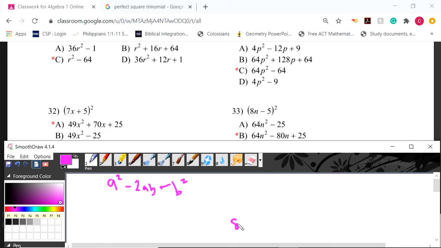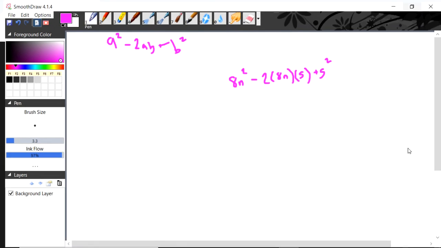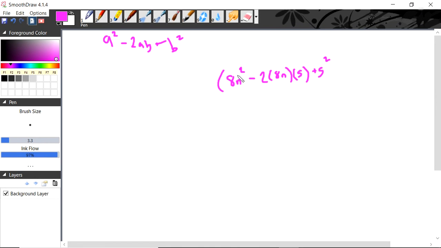So it becomes 8n squared minus 2 times 8n times 5 plus 5 squared. So that becomes 64n squared minus 80n plus 25.